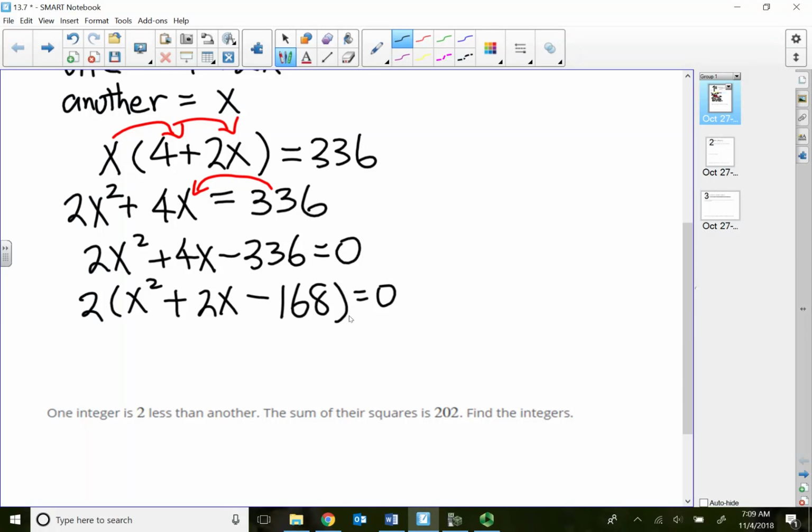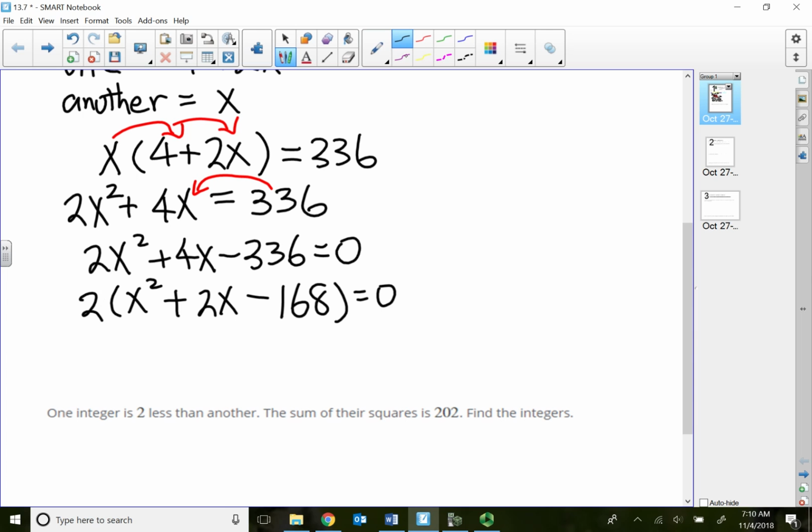I don't believe I ever showed y'all how to deal with a problem that looks like this as far as solving a quadratic equation. So basically, what do I do with this 2 that I factored out? Well, this factor 2 does not contain any variable with it.